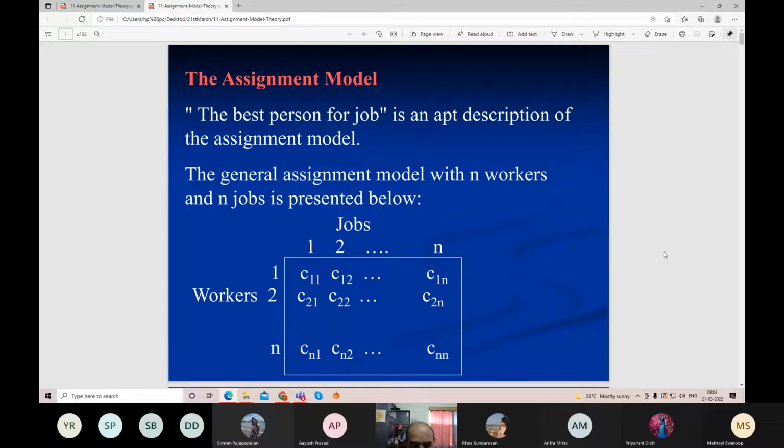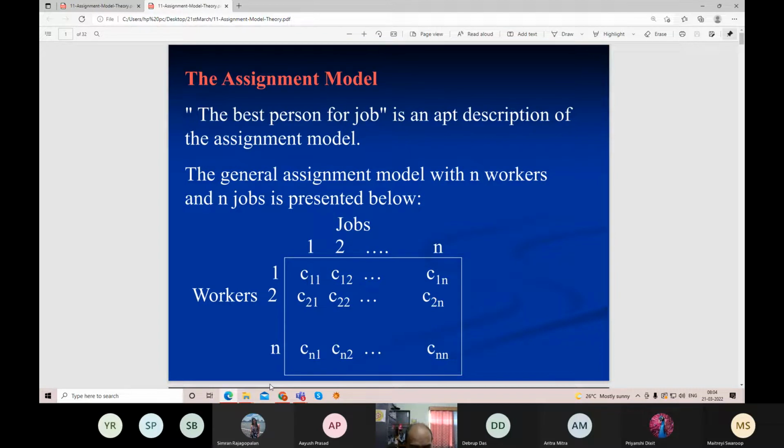Here, the assignment matrix given in the problem is an n by n matrix. There are n number of jobs and n number of workers. For each row, one worker or one machine is assigned: worker 1, worker 2, up to worker n.